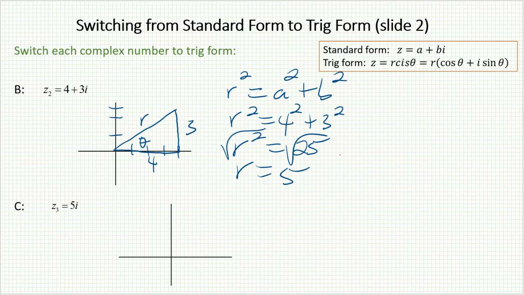How about theta? Well, I have the relationship tangent theta equals b over a, so 3 over 4. That is not a nice tangent ratio. I'm not going to be able to do this by hand, so I'm going to have to rely on the calculator.